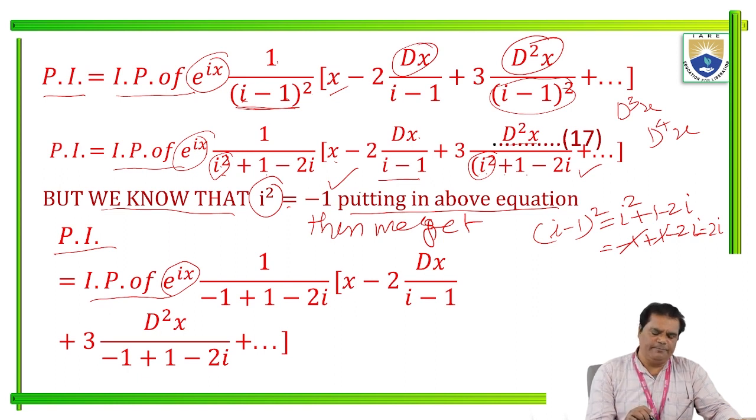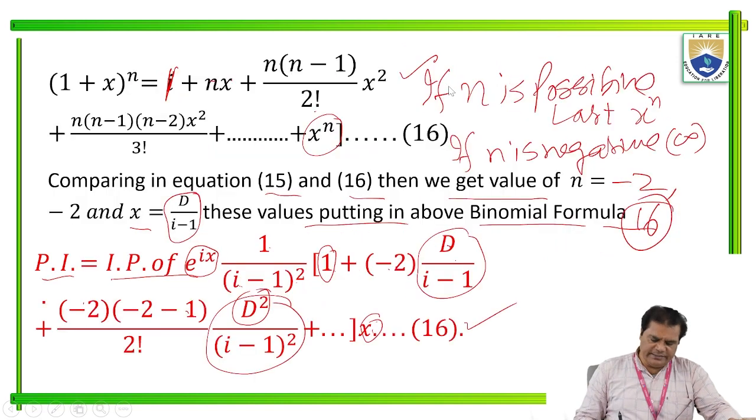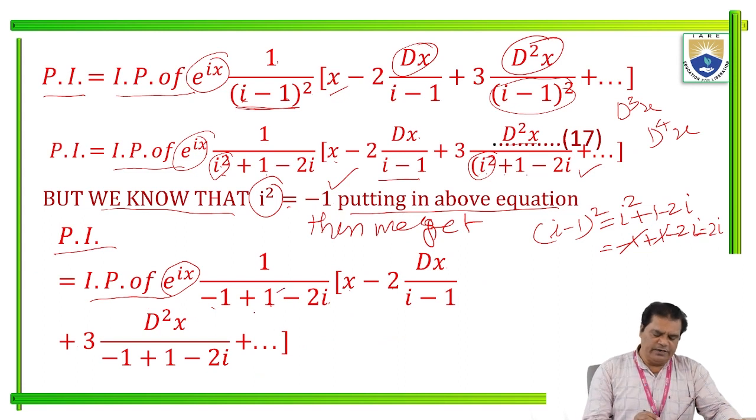So here is minus 1 plus 1 minus 2i, x minus 2 Dx upon i minus 1 plus 3. How do we get 3 here? Solving this, minus 2 into minus 2 minus 1, 2 into 3, 2 just 6 upon 2 factorial, 2 is 2. So this is 3 here basically. This is plus, minus, plus. So now here this 1 cancels and this 1 cancels.